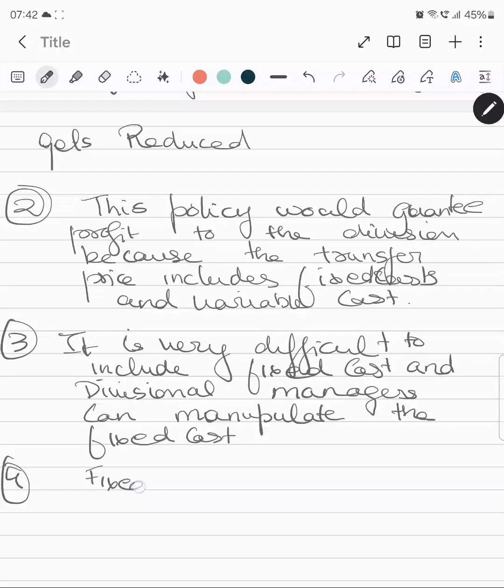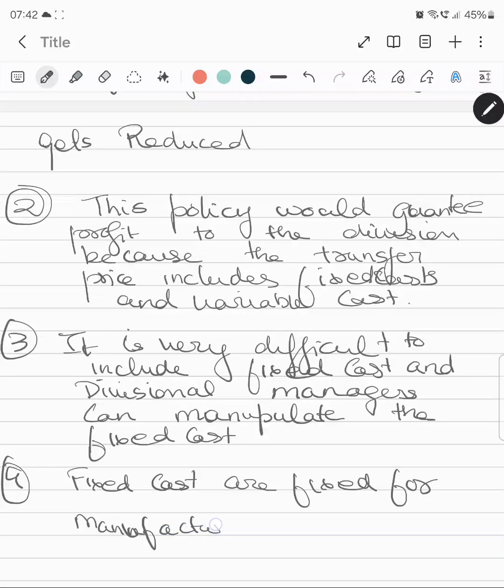And the fourth challenge can be that fixed costs are fixed for the manufacturer but variable for the purchaser.